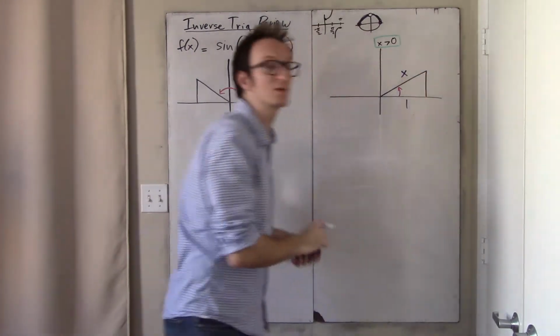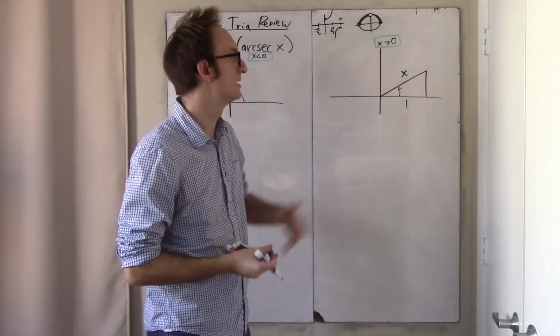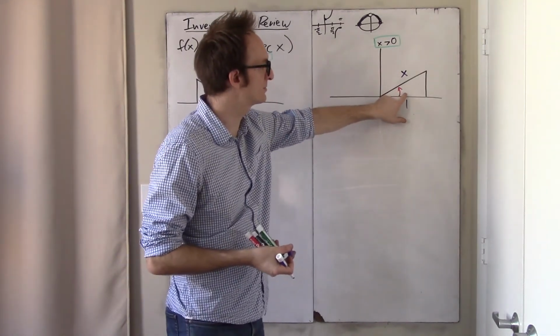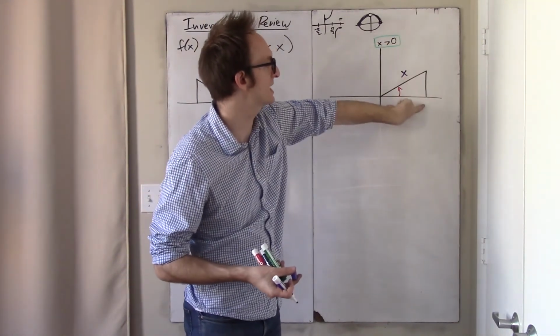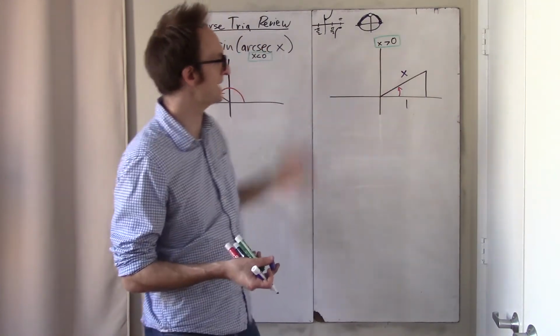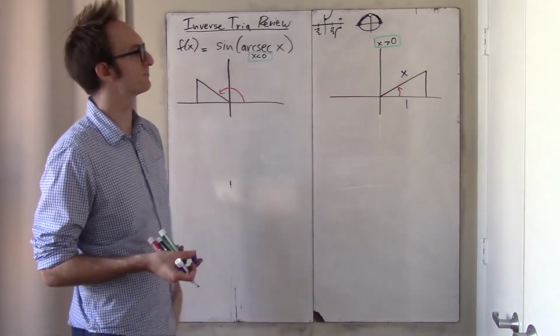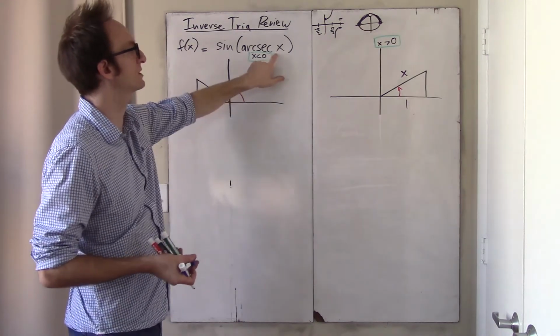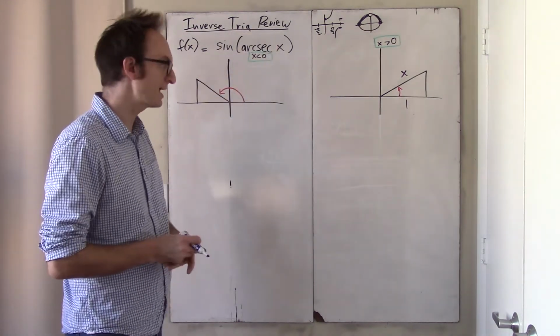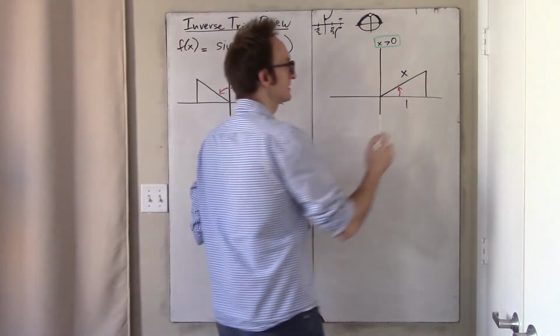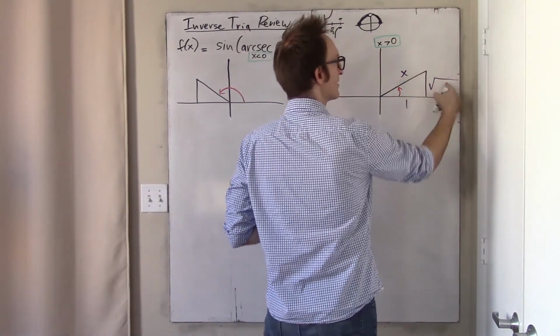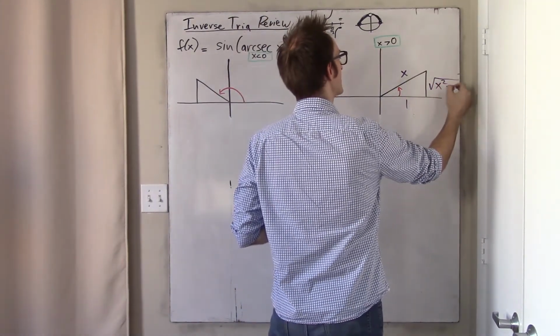This just does the job because the secant of any angle is the ratio between the hypotenuse and the adjacent, and the ratio between x and 1 is just x. So this is an honest representation of arcsecant x. Okay, if you buy that, then this is just a matter of doing the Pythagorean theorem, and we get root x squared minus 1.